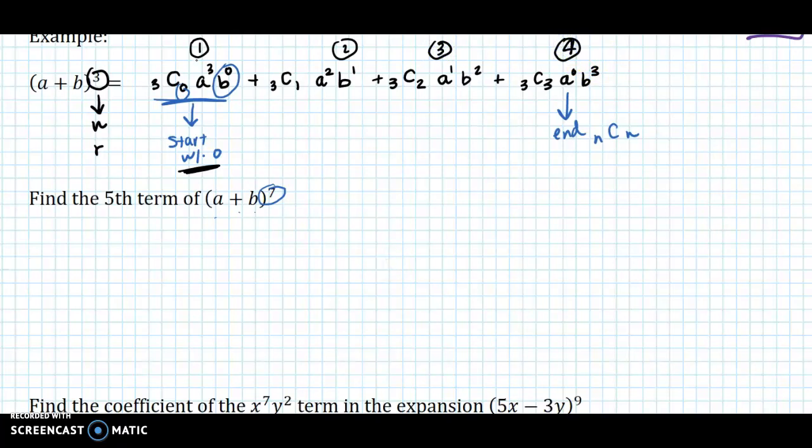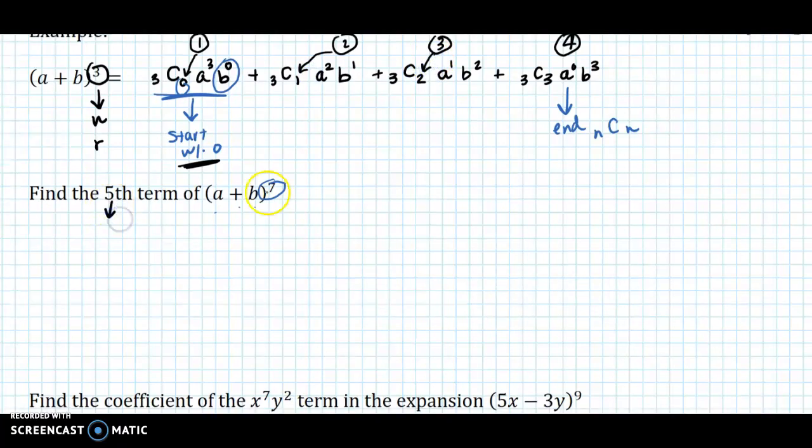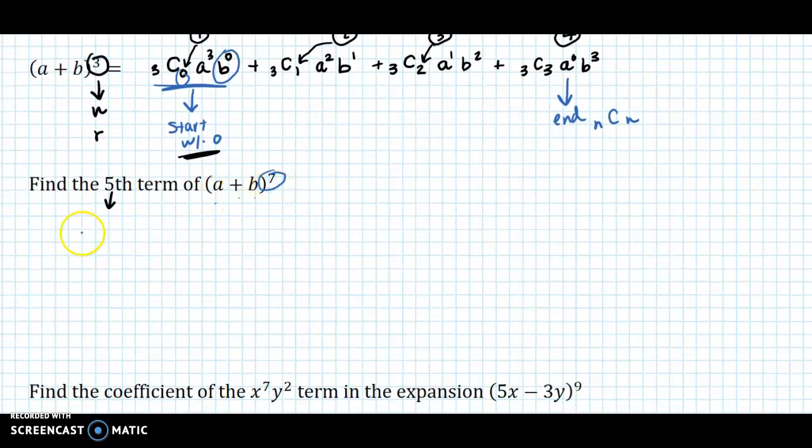If you notice, our first term is when we choose 0. Our second term is when we choose 1. Our third term is when we choose 2. So if I want the fifth term out of a plus b to the 7th, it would be 7 choose 4. It's 1 less than the term number.